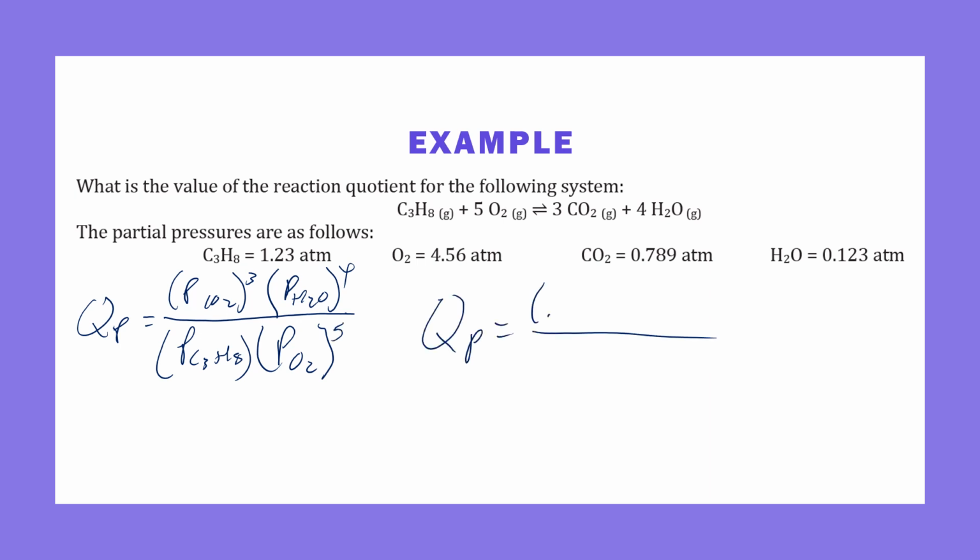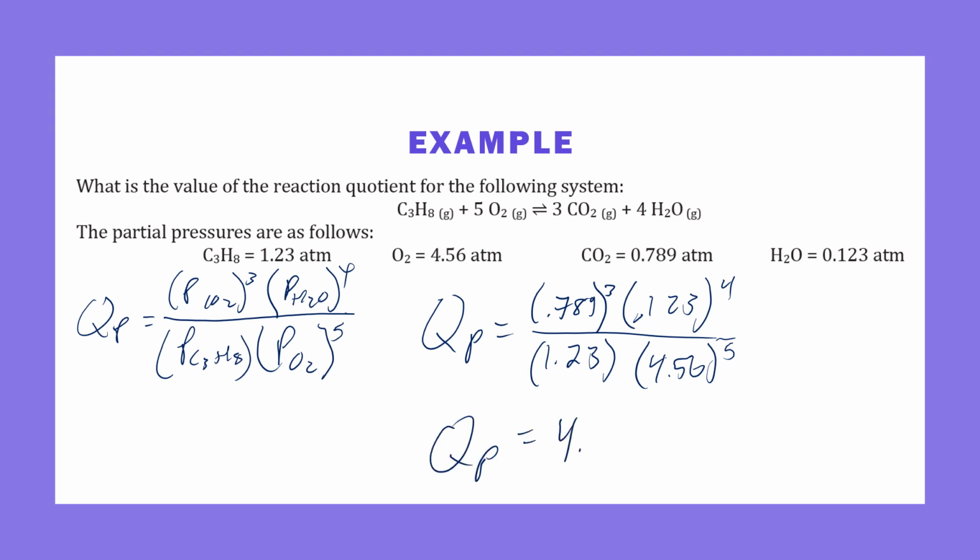The CO2 is 0.789 cubed, and then the water is 0.123 to the fourth. C3H8 is 1.23, and the O2 is 4.56, and that one's to the fifth. And then you just plug it in, solve for QP. 4.64 times 10 to the negative 8.